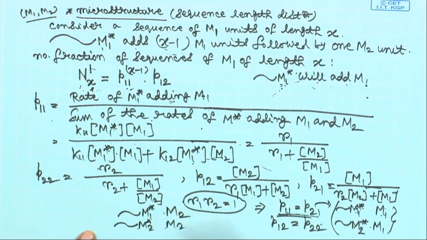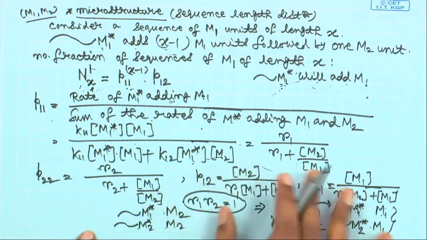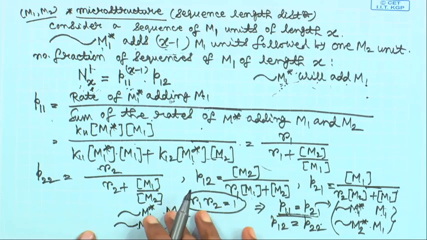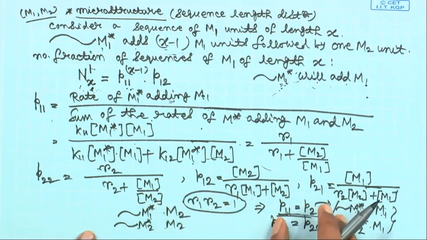That does not mean that all 4 probabilities have to be the same. If all 4 probabilities became the same, you would have a perfectly random distribution, which means R1 equals R2 equals 1. But in this case, you do not have a perfectly random distribution.